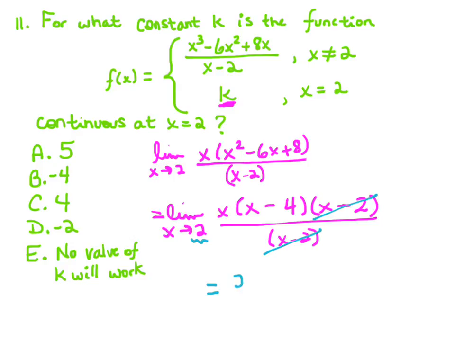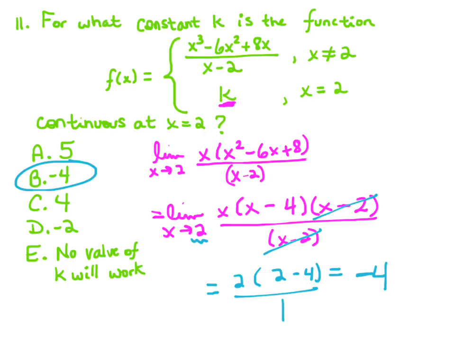So if I plug in 2 here, I have 2 times 2 minus 4 over 1. Since everything canceled out in the denominator, it would be 1. And so in the numerator, 2 minus 4 is negative 2 times 2 would be negative 4. And so answer B, that is our correct answer.